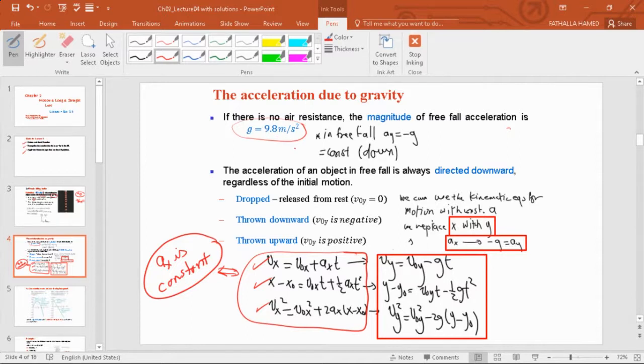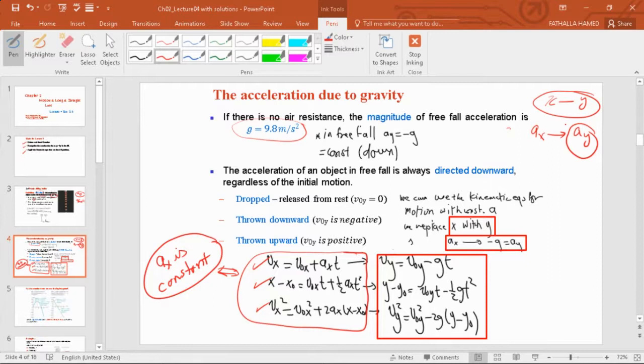What we're going to do with these equations is change x into y. Of course, that means ax will be changed into ay.